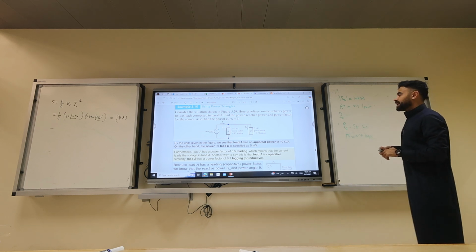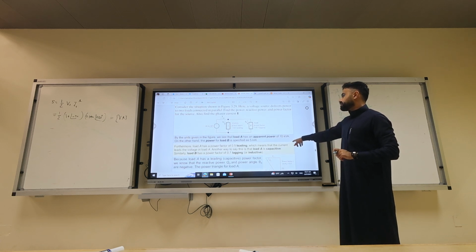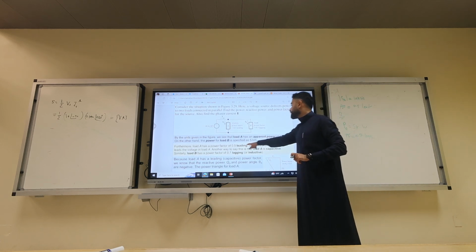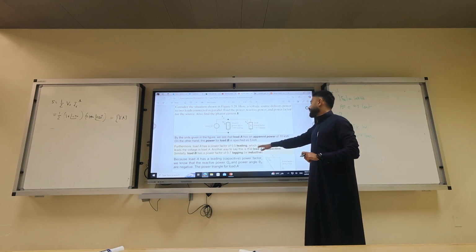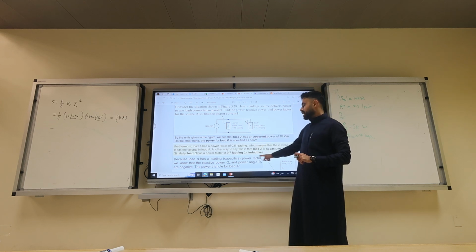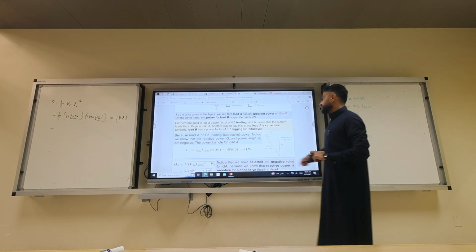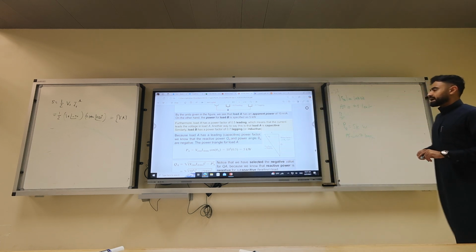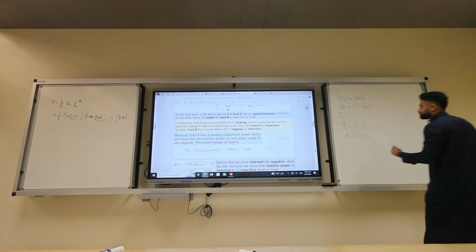So from this information, I know that 0.5 leading means the current leads the voltage. It's another way of saying load A is capacitive, and lagging is what? Inductive. Because A is capacitive, we can now calculate the power factor.